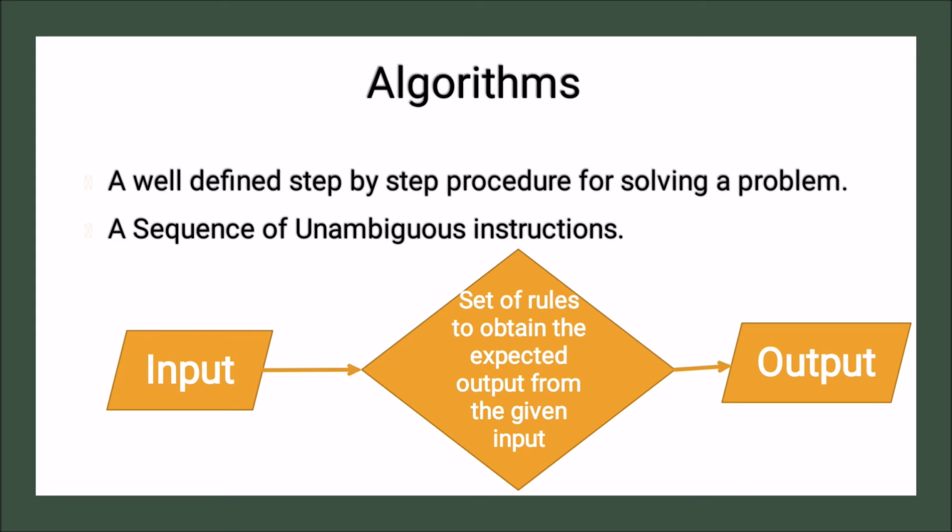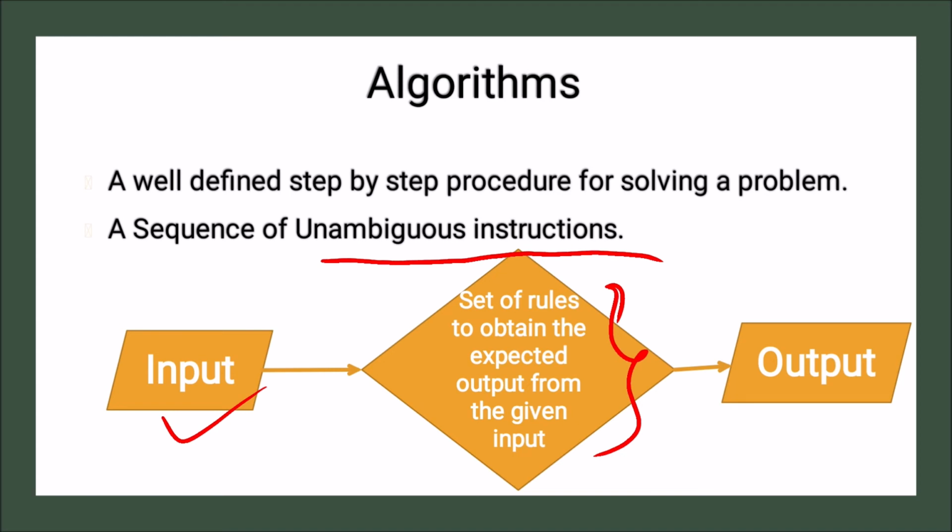Now, what actually is an algorithm in a computer system? An algorithm is nothing but a well-defined step-by-step procedure for solving a problem, or we can say a sequence of unambiguous instructions. We have an input, then we write a set of rules to obtain the expected output from the given input.